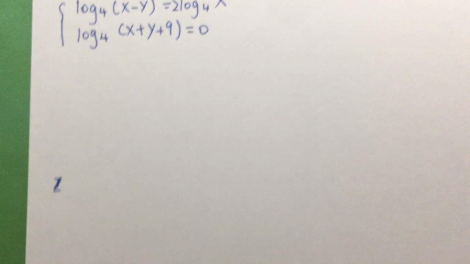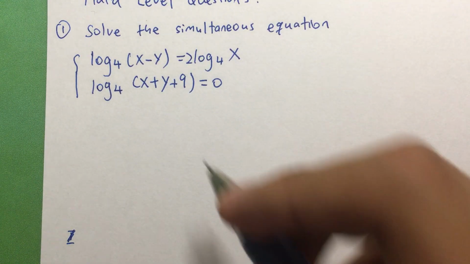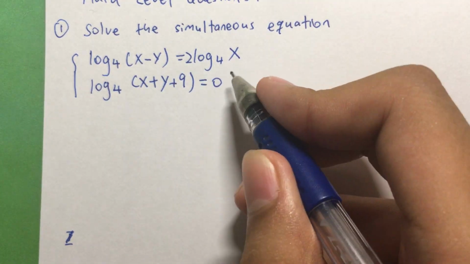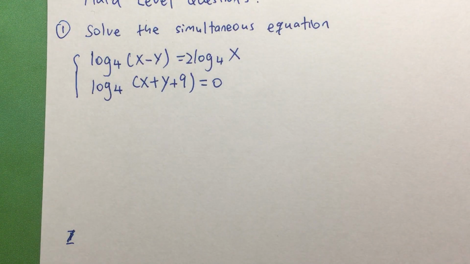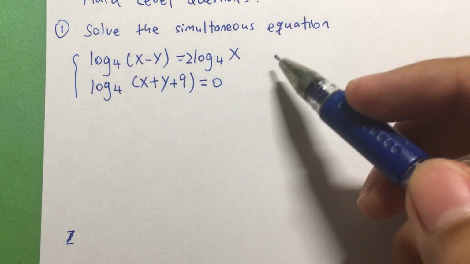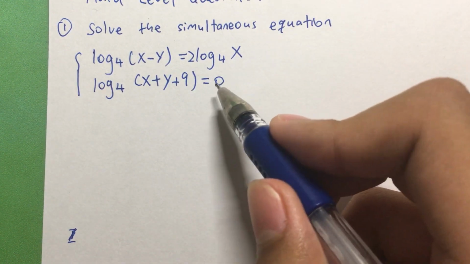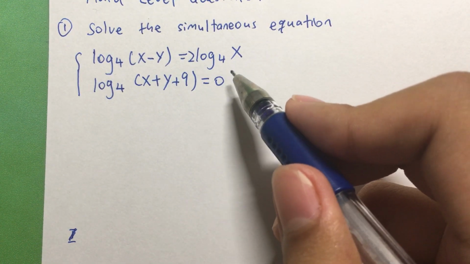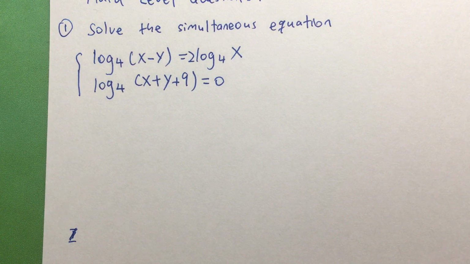Well, it's actually not that hard, but it's still harder than the questions we have just done. So it's a simultaneous equation, and it involves some log. Well, let's do this, right? So how do we solve normal simultaneous equations?